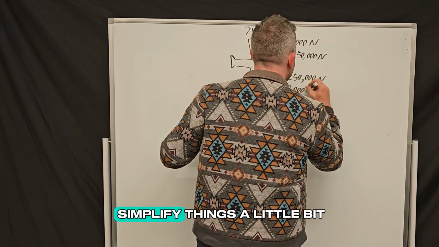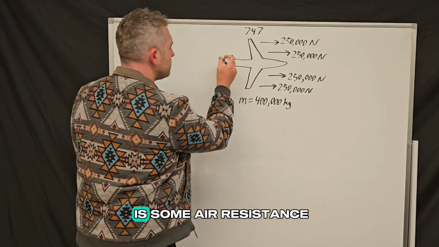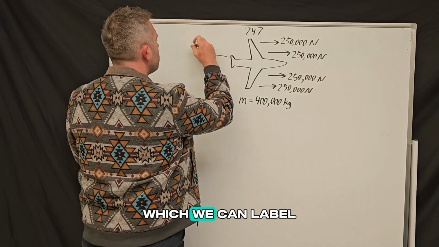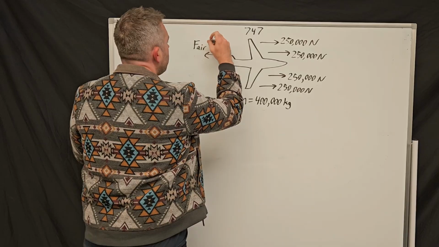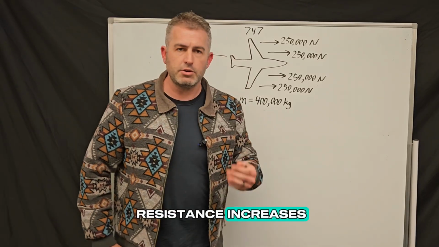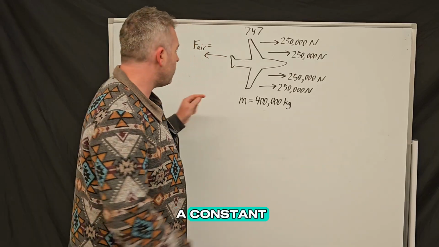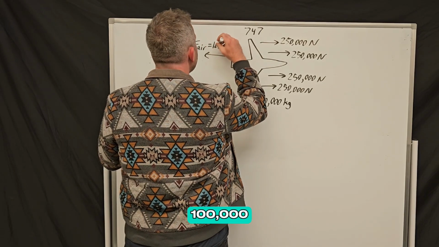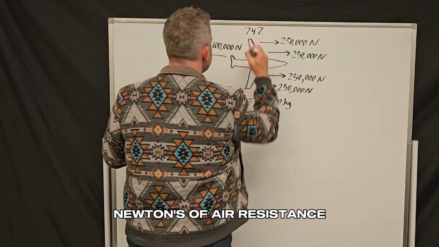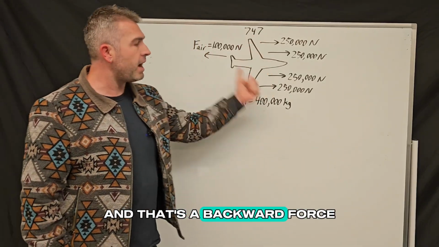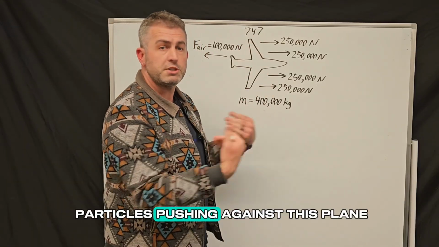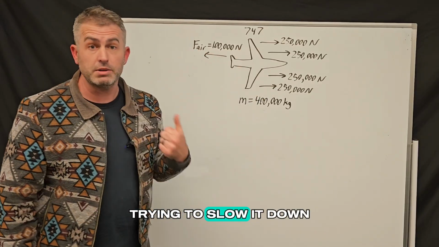And we're gonna simplify things a little bit and say that there is some air resistance, which we can label as F air. And even though air resistance increases when the plane gets faster and faster, we're gonna simplify it and just say it's a constant 100,000 newtons of air resistance. And that's a backward force. It's the air particles pushing against this plane, trying to slow it down.